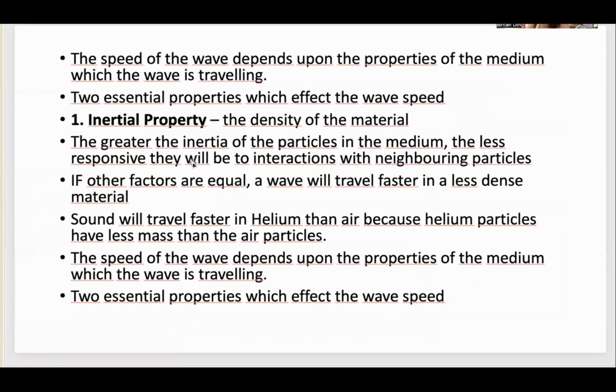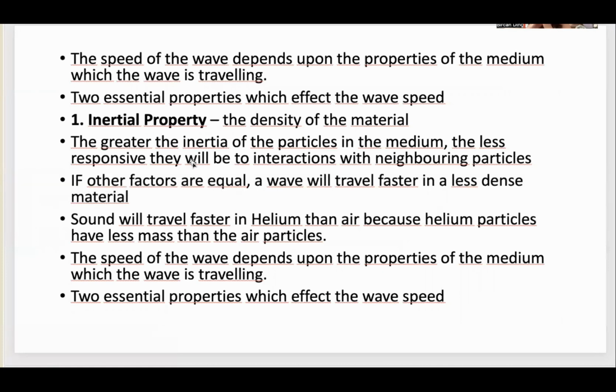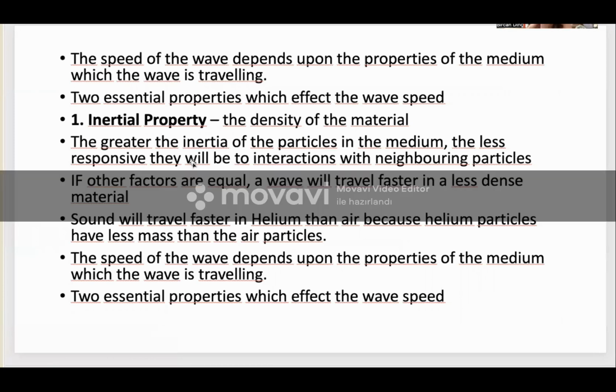So the speed of a wave depends upon the properties of the medium in which the wave is traveling, and there are two essential properties which affect the wave speed. The first one is the inertial property, so the density of the material. The greater the inertia of the particles of the medium, the less responsive they will be to interactions of the neighboring particles.